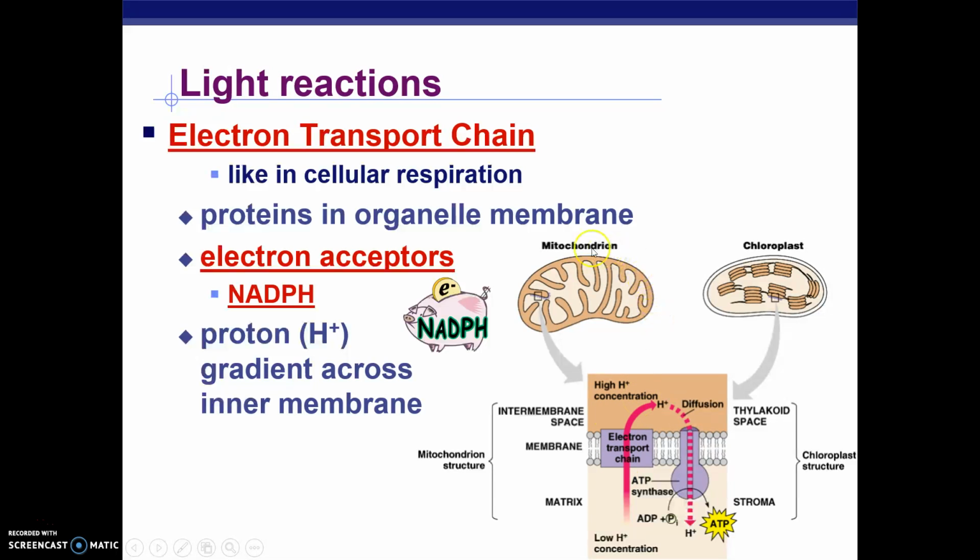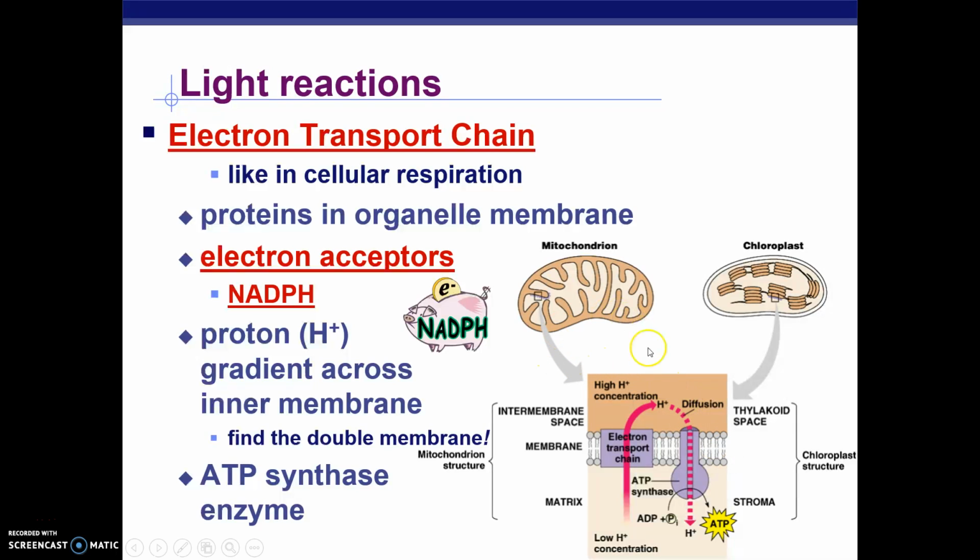We are seeing both the organelles in this diagram. We have the mitochondria and chloroplast because we have also the membrane that allows pumping of the protons and building that gradient. And the gradient will be built in the mitochondria in the intermembrane space, and in the chloroplast in the thylakoid space.